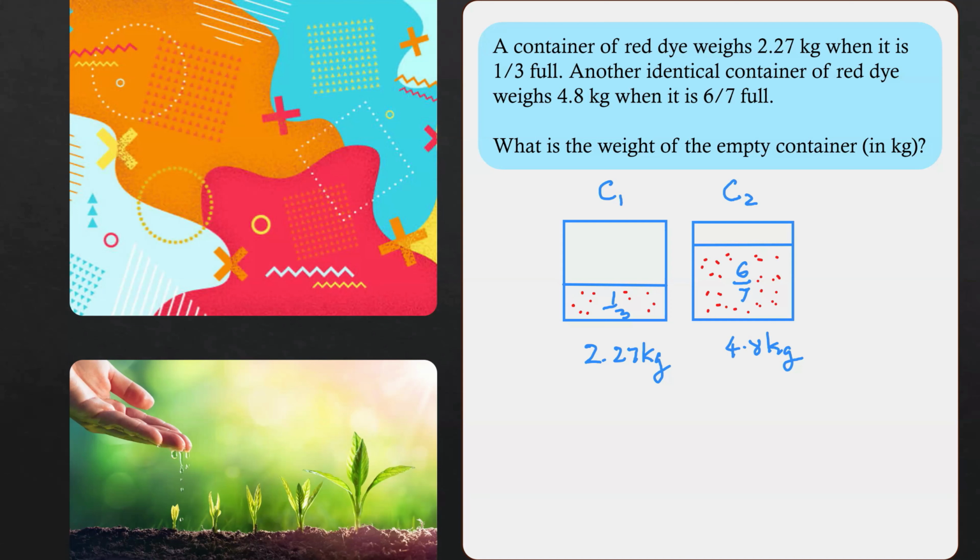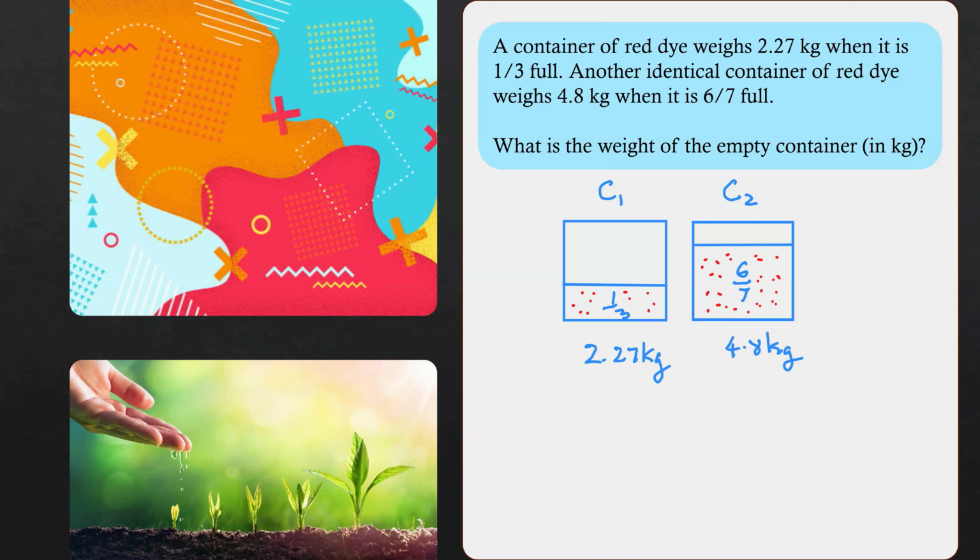The only difference is the amount of paint inside, and they give you the weight. So the way to solve the problem is to find out the difference in terms of the weight of the paint.